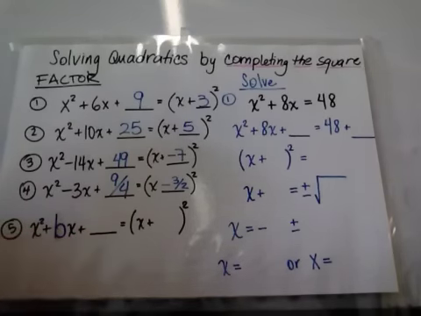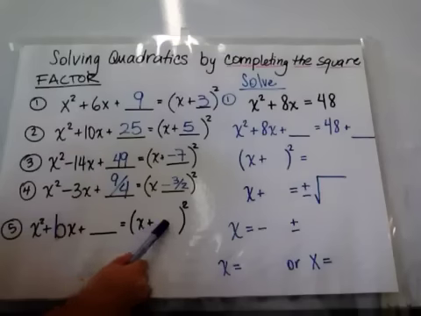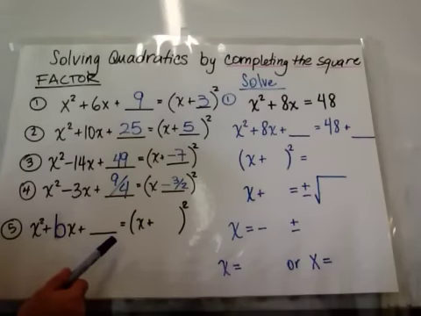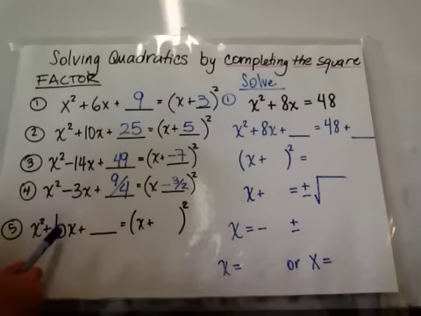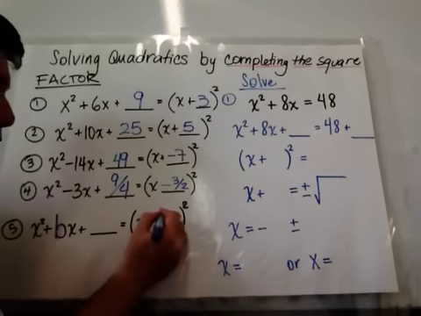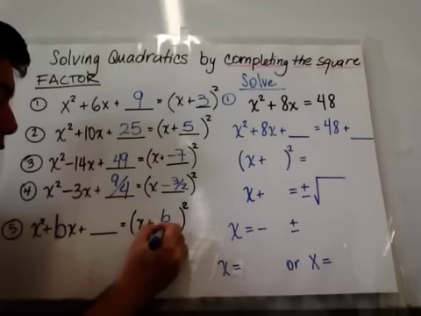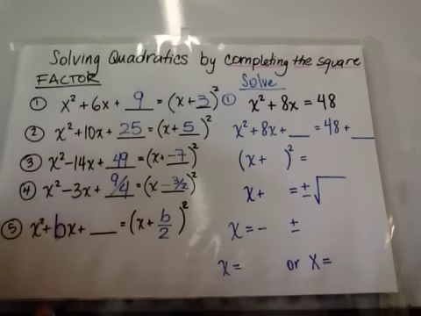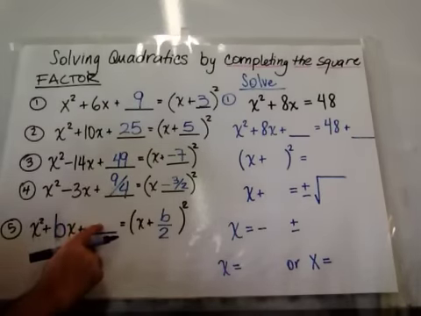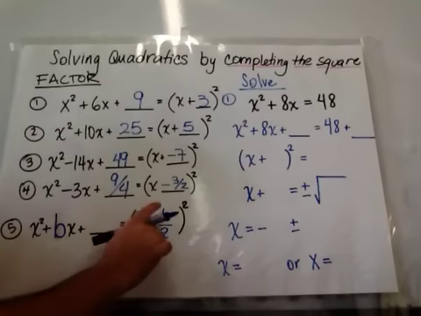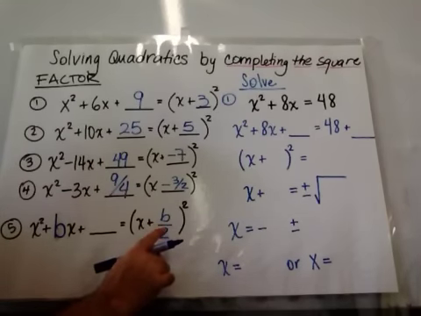The general rule is if we have 1x squared plus bx, we want to complete the square so that we can factor with two equal factors. The number here is half of b. So we'll write that, b divided by 2, which is b halves. And the one that goes here is this one squared.